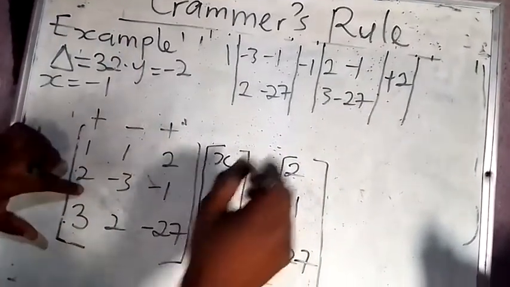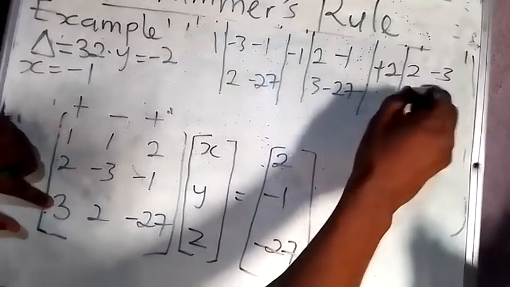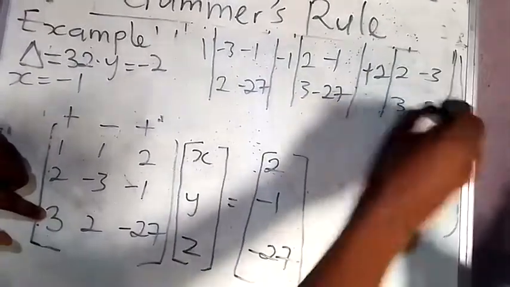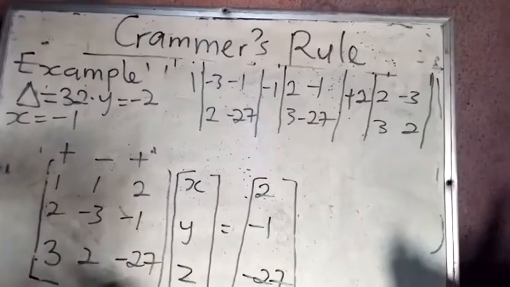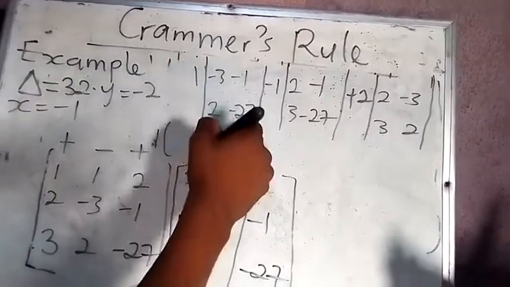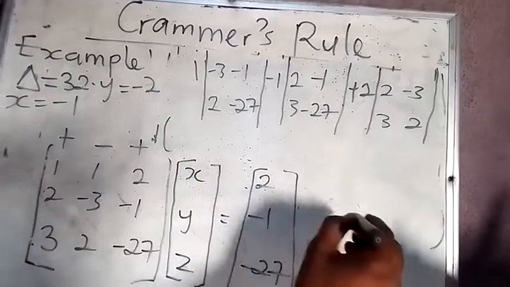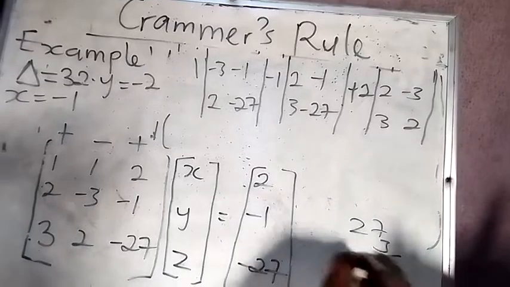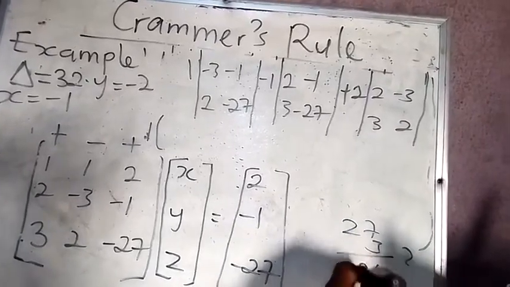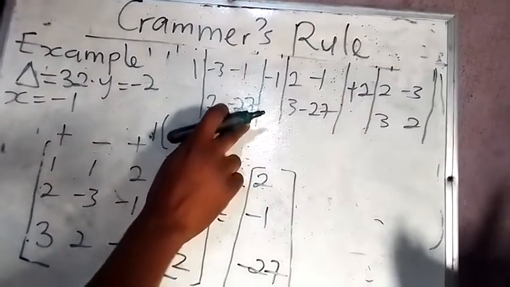We have 2, minus 3, 3, 2. So now find the determinant of it. That is 1, open bracket, minus 3 times minus 27. 27 times 3, 81. That's 81. Minus 3 times minus 27, that's plus 81.